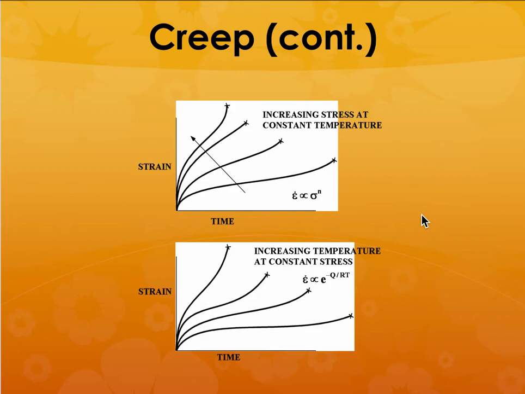So, how does creep change with increasing temperature? Let's look at that first. So if you plot the strain versus logarithmic time at different temperatures, at the lower temperature, it will take longer for this component to fail and get to the third stage of creep.